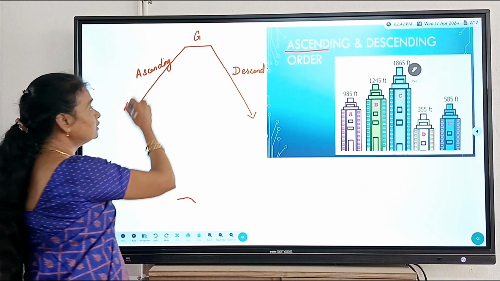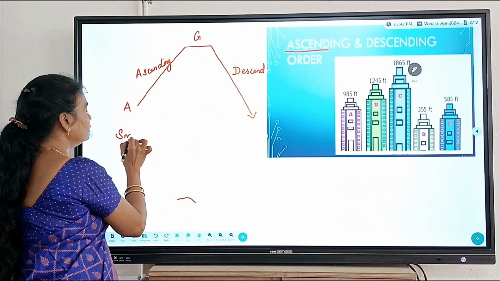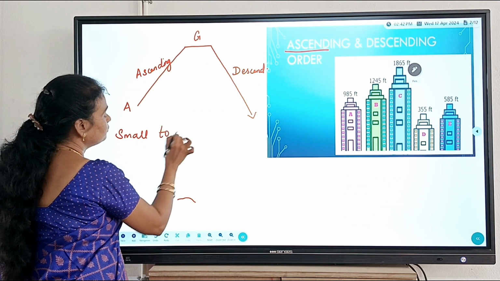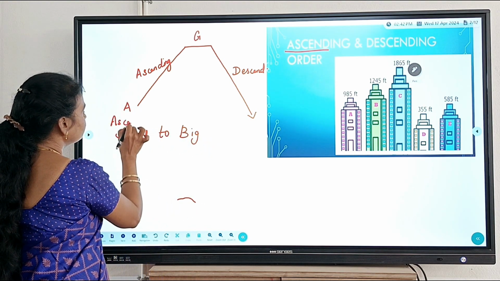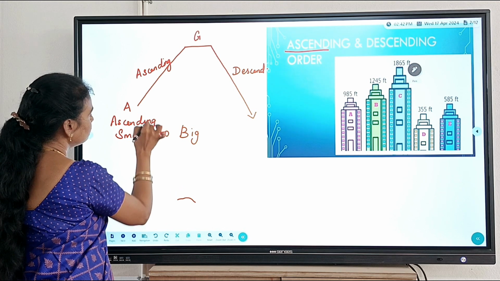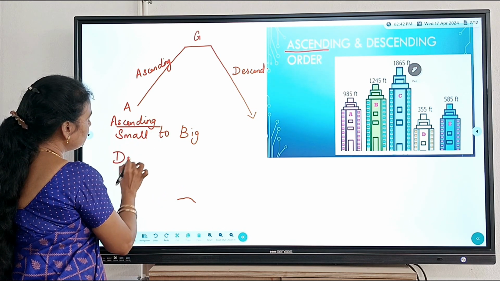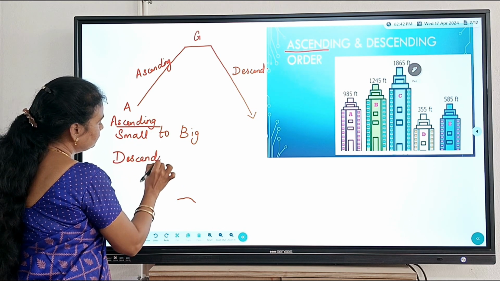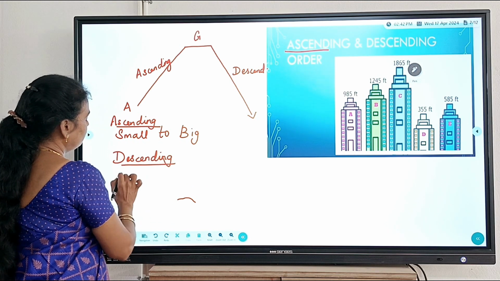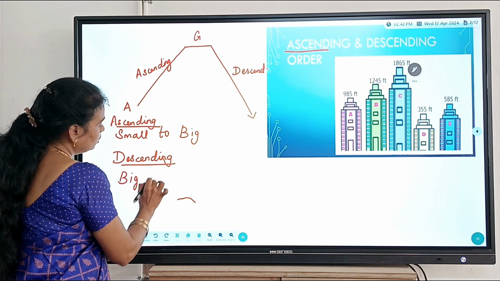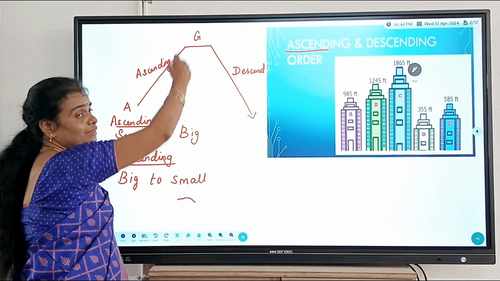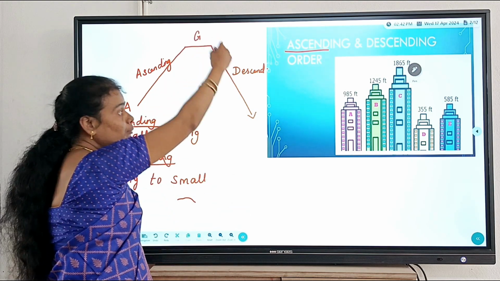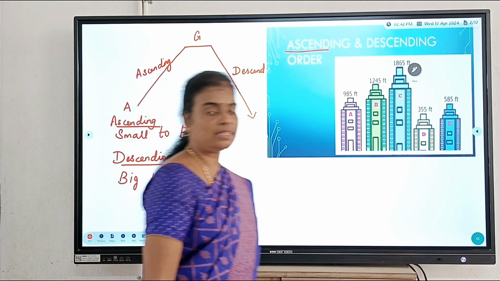So ascending is from small to big. This is ascending. And descending means from big to small. So climbing up the stairs is ascending and coming down the staircase is descending order.